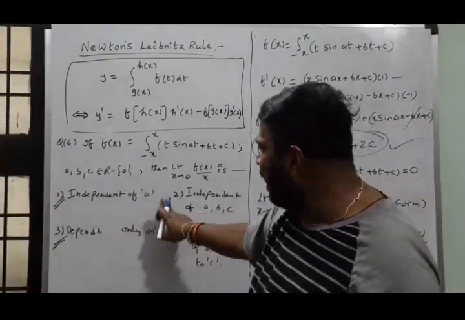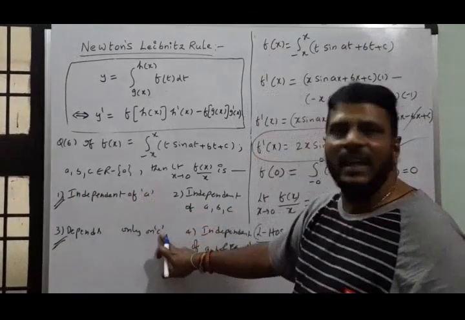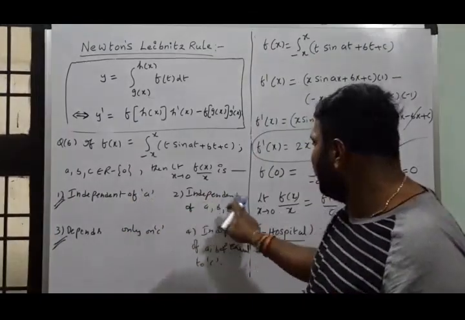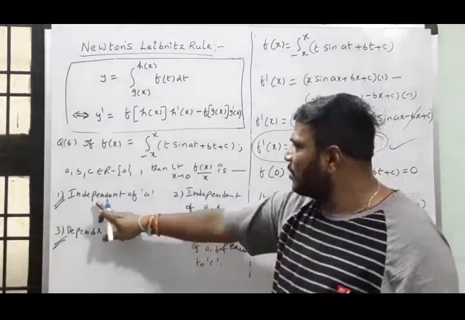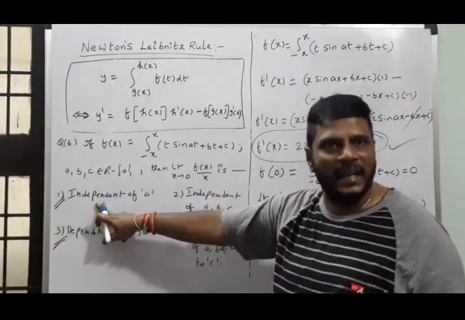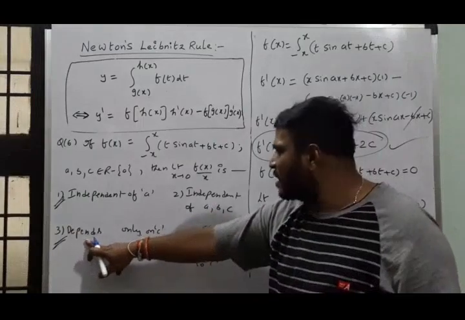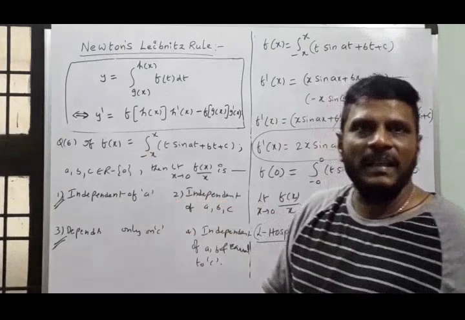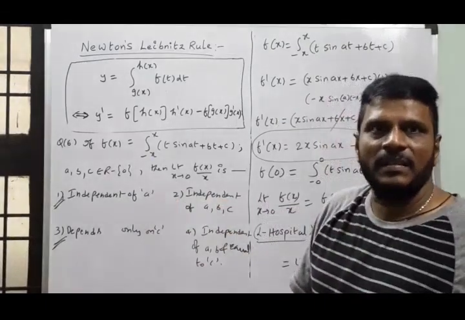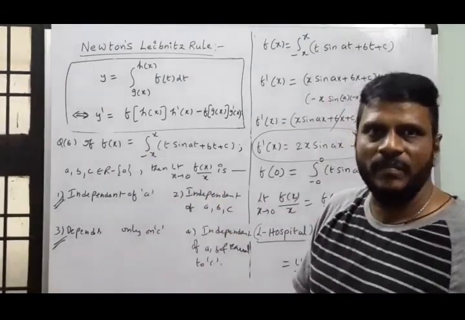So independent of a and depends only on c, but here given independent of a, b, c, so the second option is wrong, the fourth option is wrong. So the first option is correct, independent of a. The third option is correct, depends only on c. So this is a multi-option correct question. That's it.